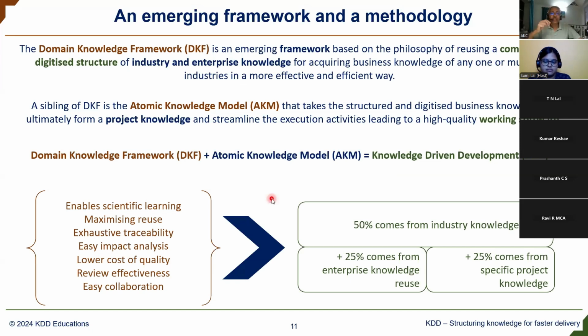It is focused a lot on reuse. If you have a knowledge piece somewhere, you don't need a duplicate of that. The same knowledge can be used. Traceability across the whole framework: if you identify a change in one place, you can identify through the relationships where all it is impacting. All of those things are there, and it helps collaboration, making it a little easier.